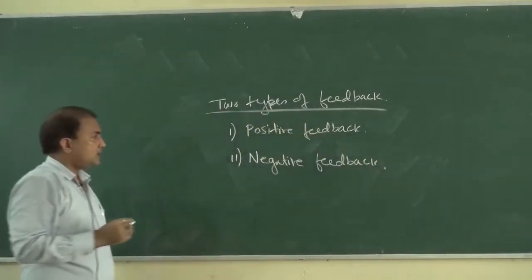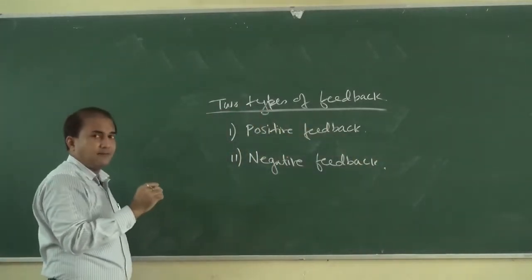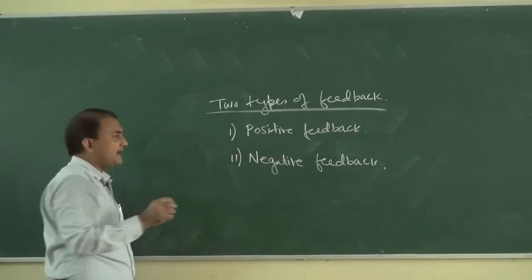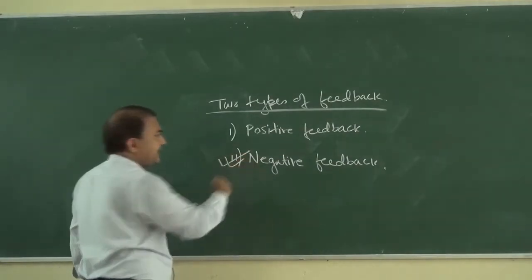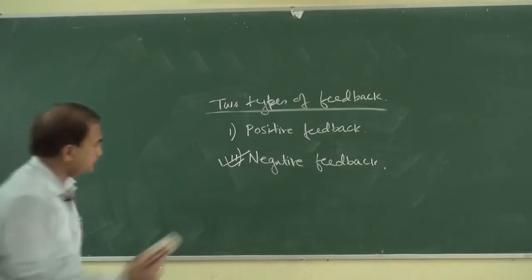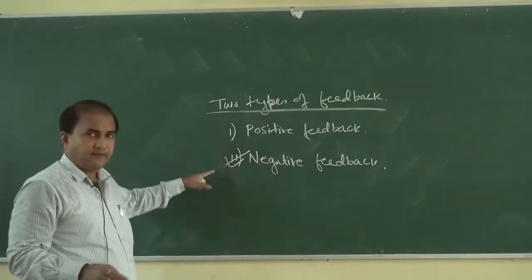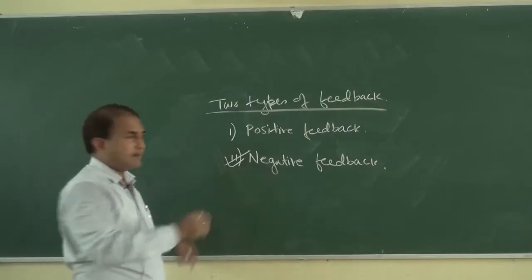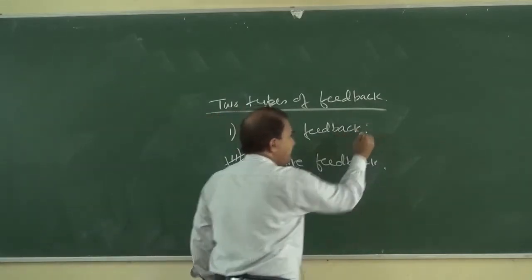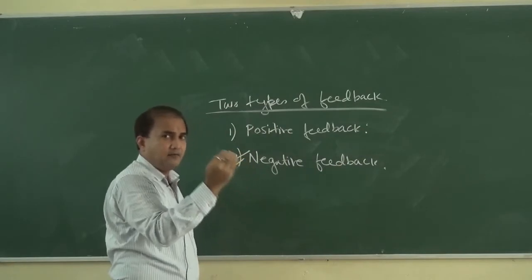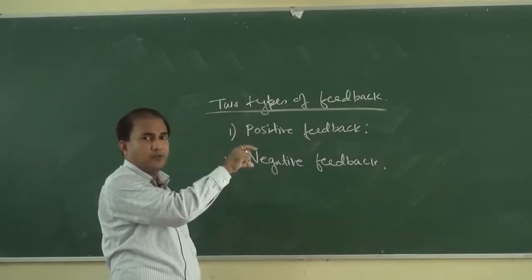In closed loop operational amplifier, we will be using negative feedback. So what is the difference between positive feedback and negative feedback? In case of positive feedback, the feedback signal will be in phase with the input.